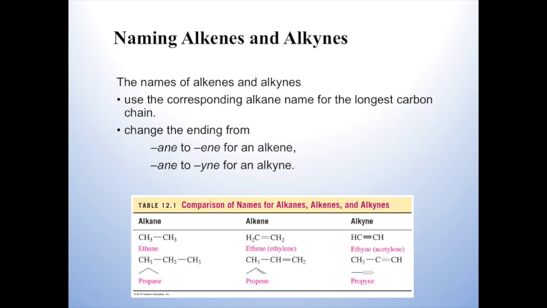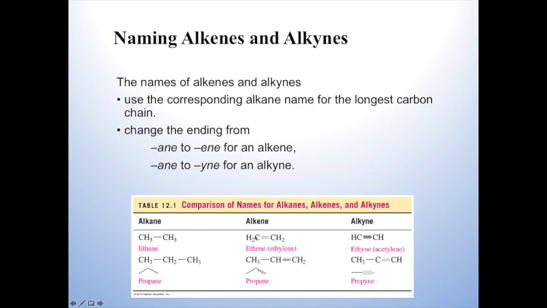So there are naming conventions for these molecules. In general, you name the alkane chain for the longest carbon chain, and then you change the ending if there are double or triple bonds present. So an alkane such as ethane is two CH3 groups with a single bond between them.